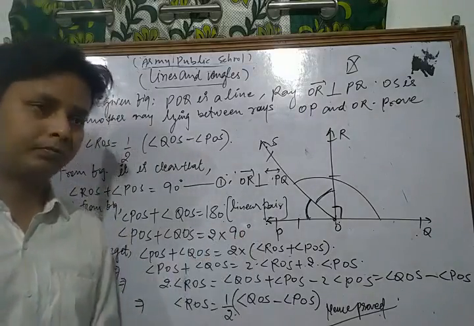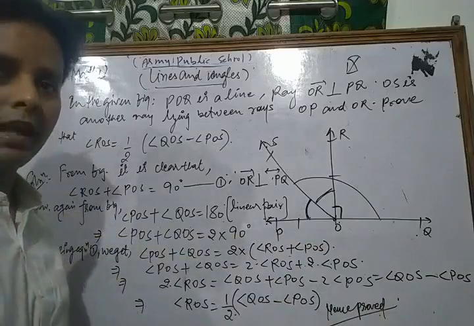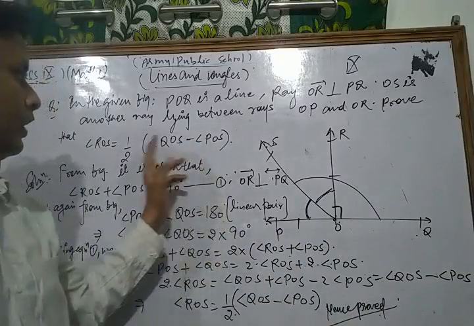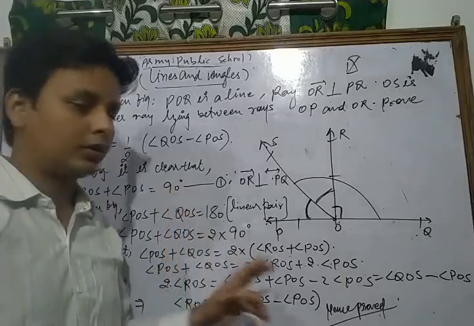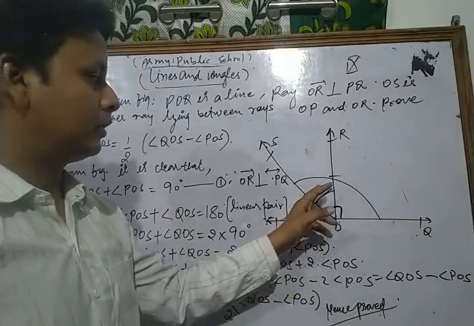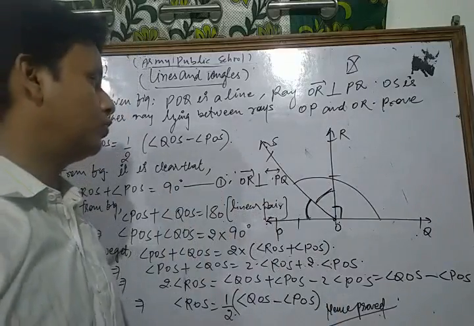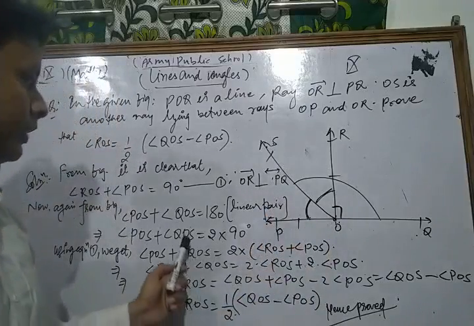Let's see it once more. For this figure, this is the given figure and we have to show that angle ROS is equal to 1/2 times angle QOS minus angle POS. First of all we take the sum of these two angles equal to 90 degrees. Now angle POS and angle QOS form a linear pair, so from there we form this equation.